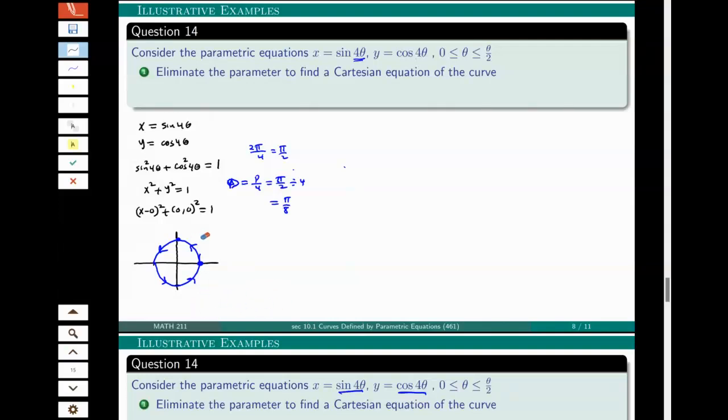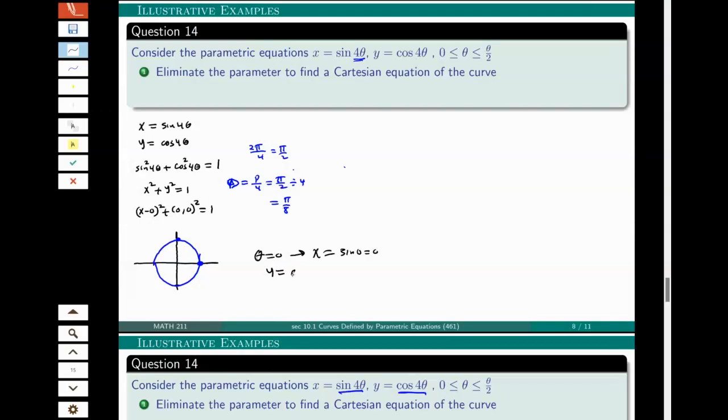When I put theta equal to 0, we will get x equal to sine 0, which is 0.